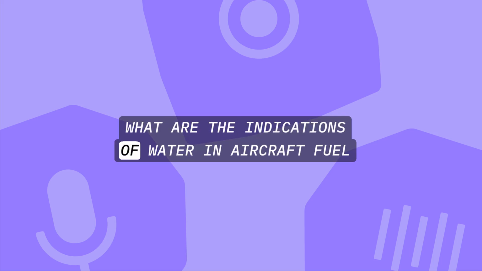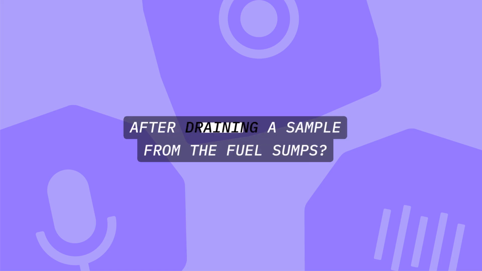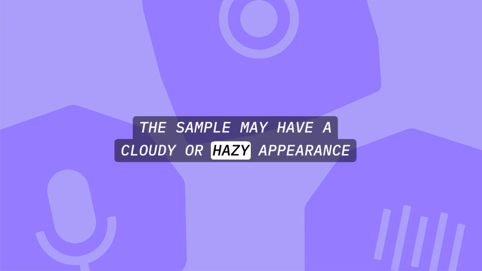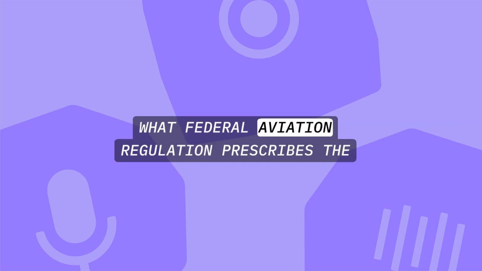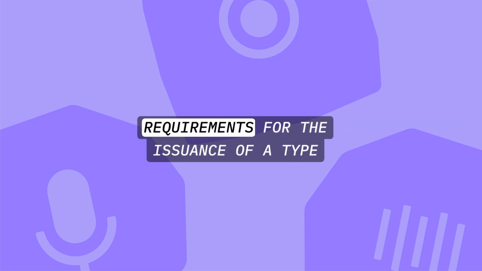What are the indications of water in aircraft fuel after draining a sample from the fuel sumps? The sample may have a cloudy or hazy appearance or a solid slug of water. What federal aviation regulation prescribes the requirements for the issuance of a type certificate?